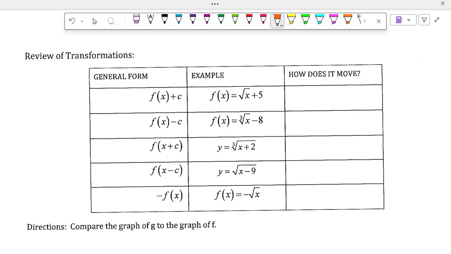What type of transformation is that? Is it going to be a translation, rotation, reflection, or dilation? I'm adding a value outside of my function. It's a translation. Am I going up, down, left, right? Up. So this is a shift up.